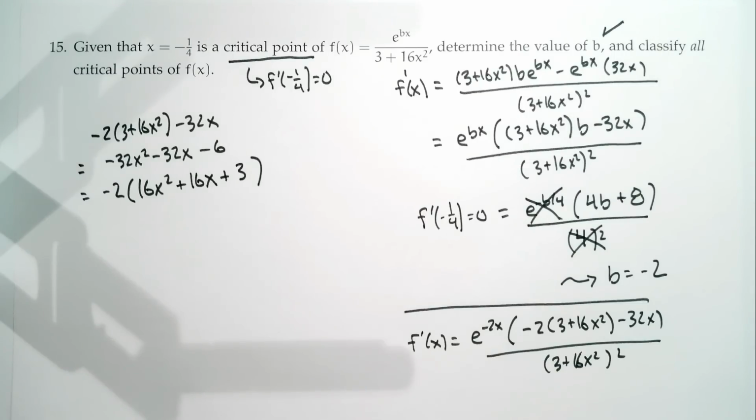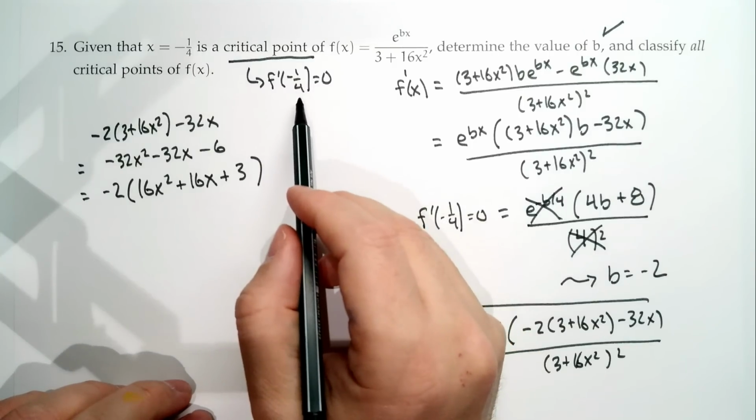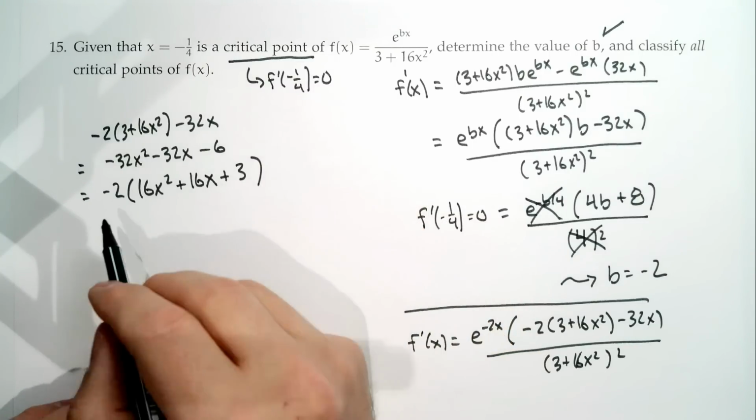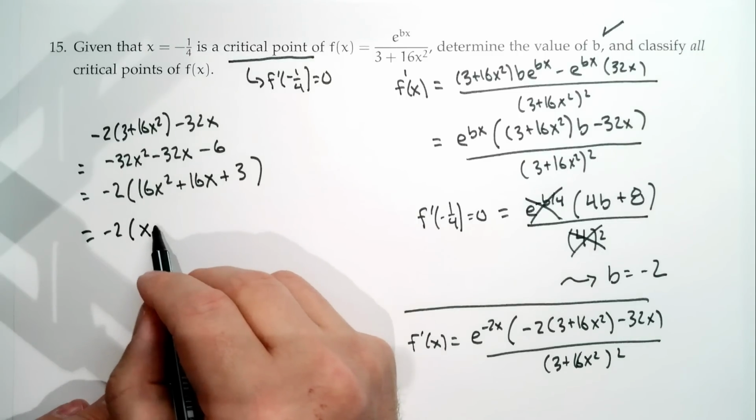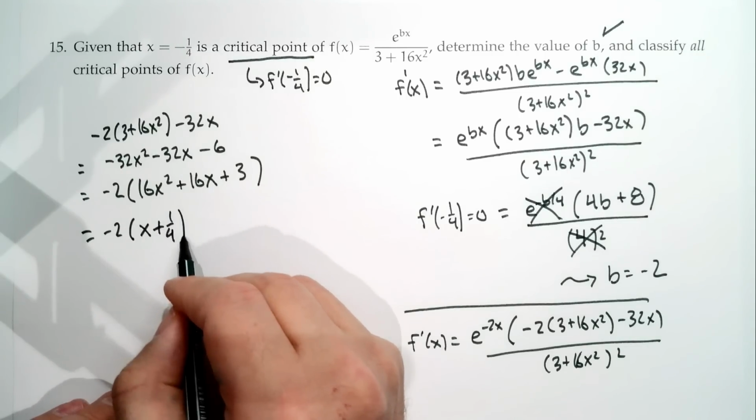Now at this point you're probably like, oh, we're going to have to factor that, aren't we? But we have some help. What do we know? We know a zero because we were told a zero. So we know this has to factor. In fact, it has to factor as x minus minus a fourth, which is x plus a fourth.